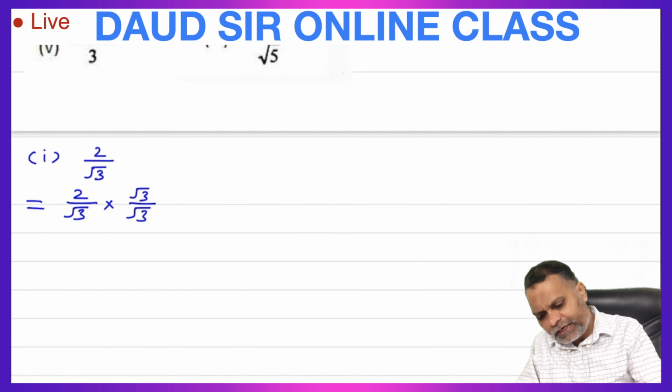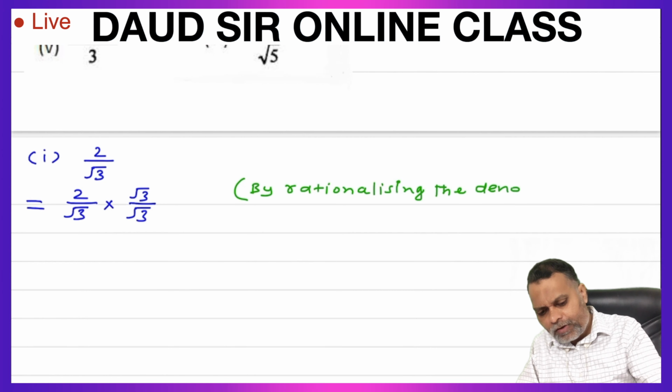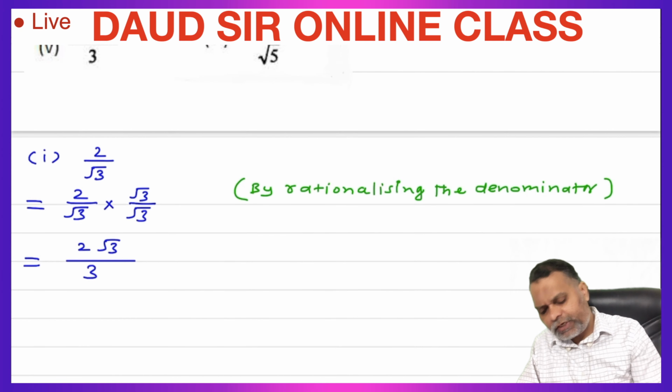This is rationalizing the denominator, which is equal to 2 root 3 upon root 3 into root 3, 3.